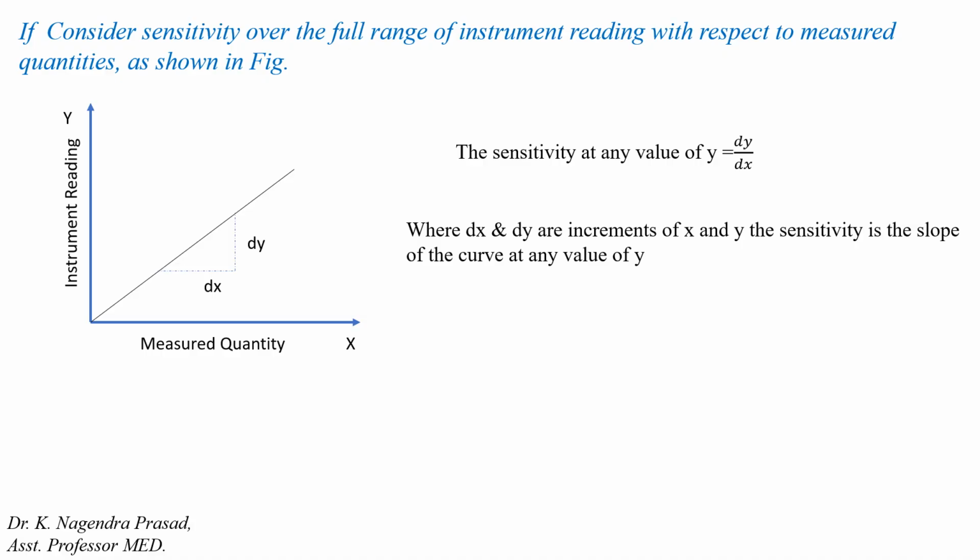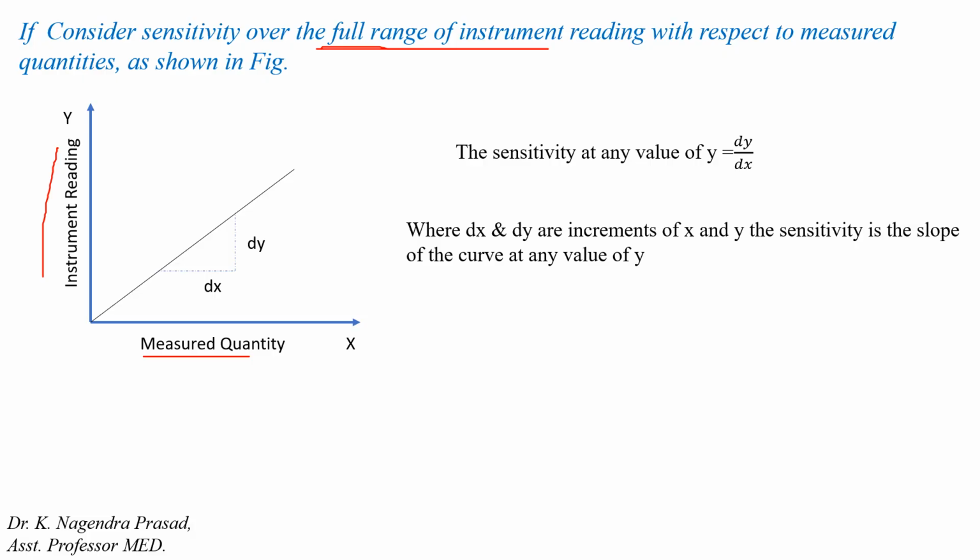If we consider sensitivity over the full range of instrument reading with respect to the measured quantities, as represented in the figure, you have to observe that in the x-axis is the measured quantity over the full range of the instrument, and in the y-axis is the instrument reading for the full range of the instrument.